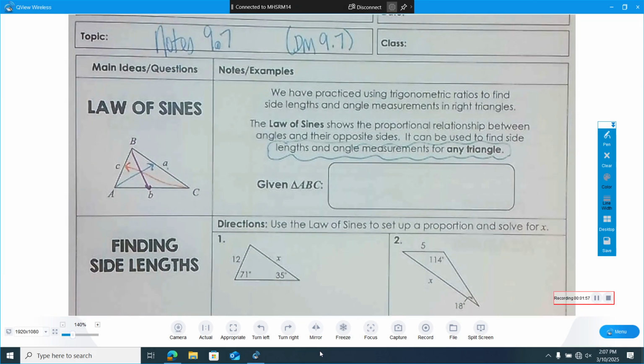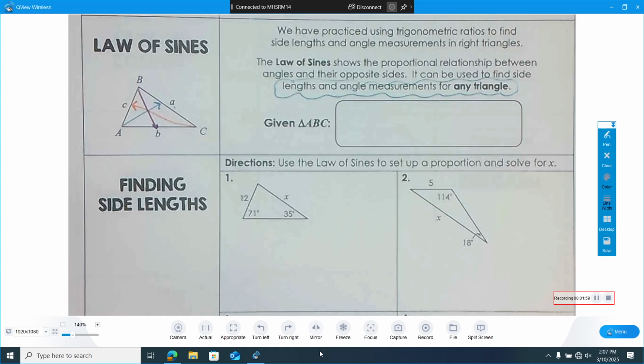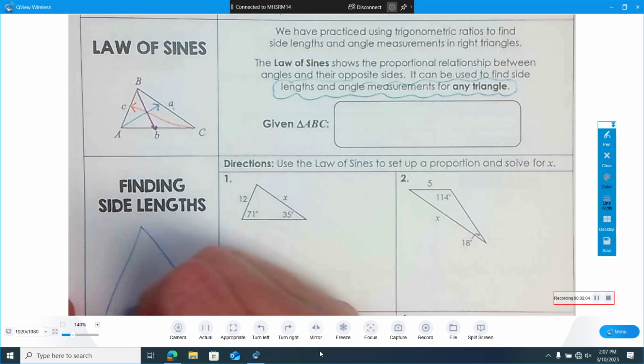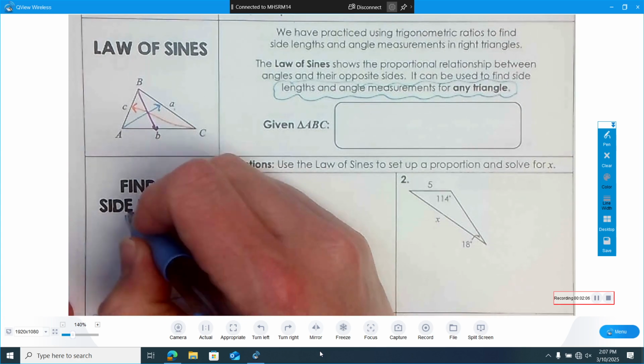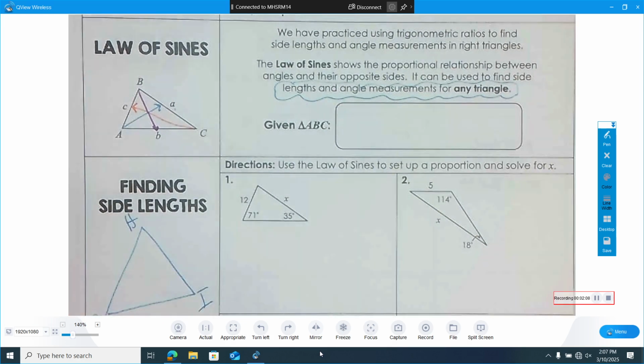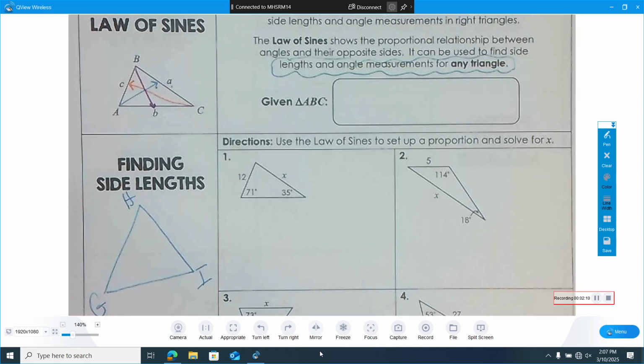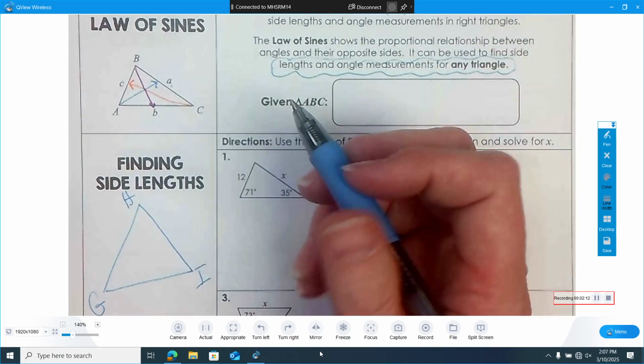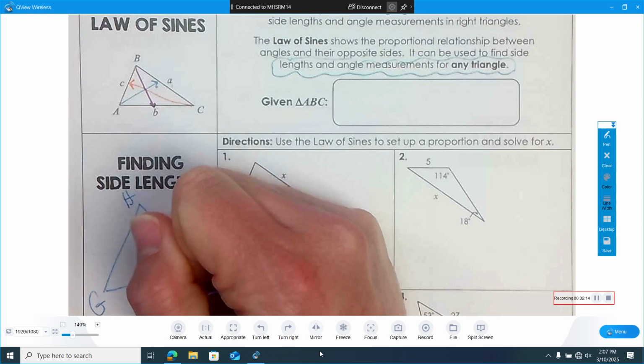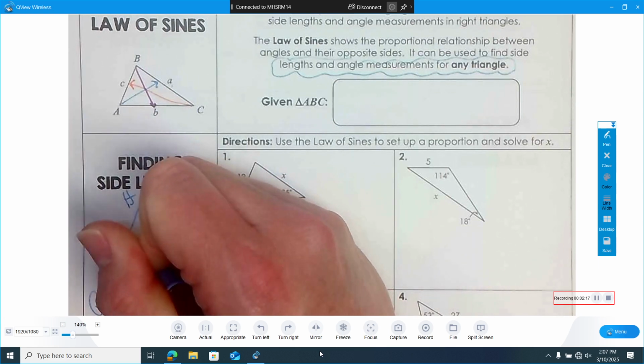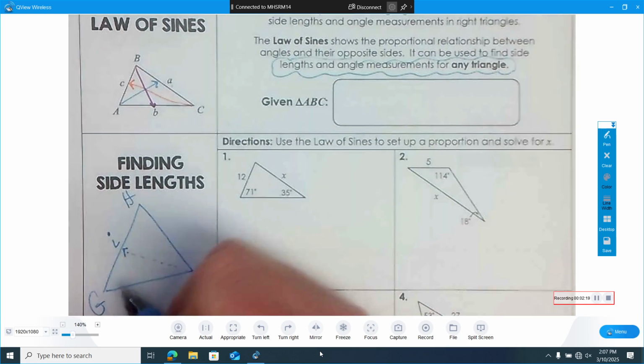And that's true no matter what letters you use. So for instance, if I were to give you a triangle GHI, which you're going to see in Delta Math, is I in between G and H? Yeah, so opposite angle I, we have lowercase side length i.